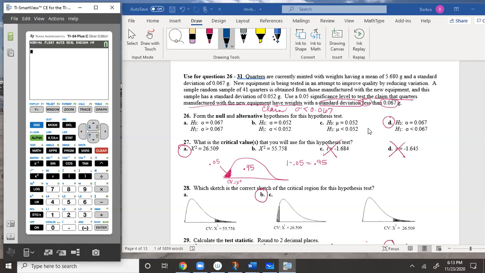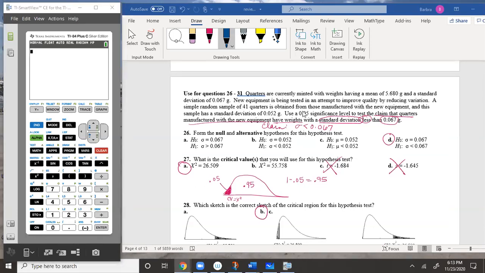Okay. Now to find the critical value for a standard deviation. The critical value and the test statistic will both be chi-squared. And we're going to need our degrees of freedom.